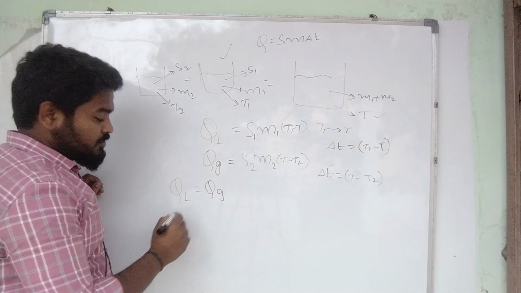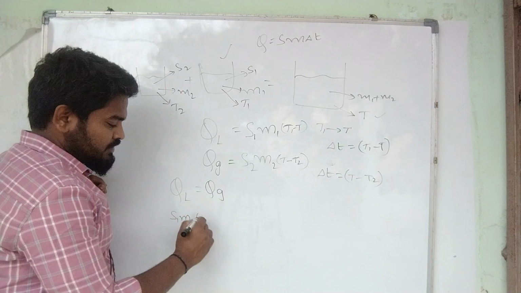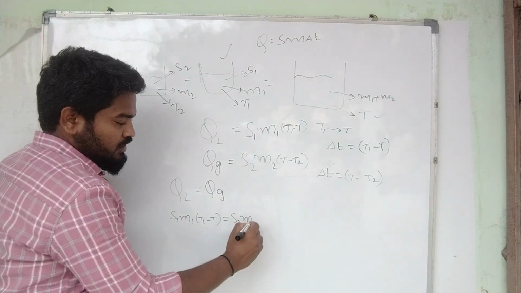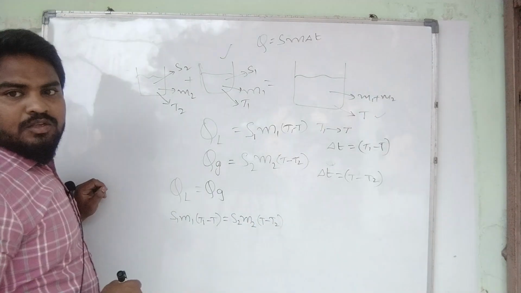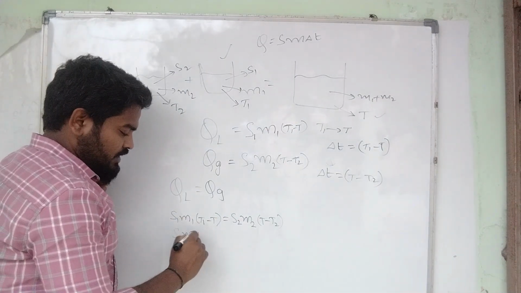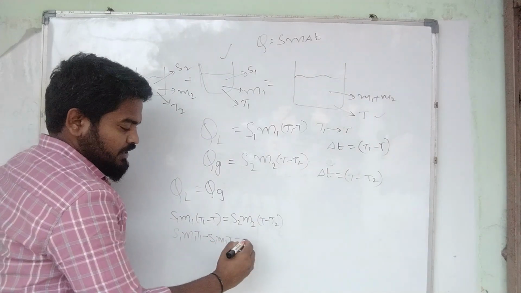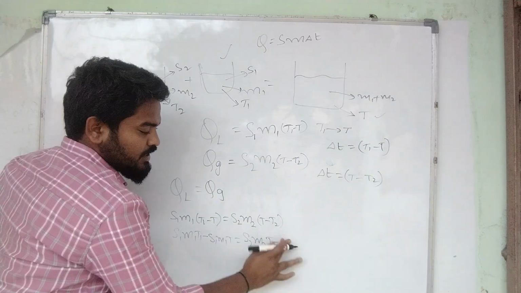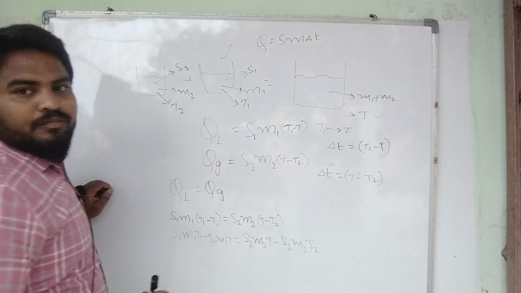So now heat energy lost by the hotter body means S1 M1 (T1 minus T), which equals S2 M2 (T minus T2). Now multiply them out: S1 M1 T1 minus S1 M1 T equals S2 M2 T minus S2 M2 T2.